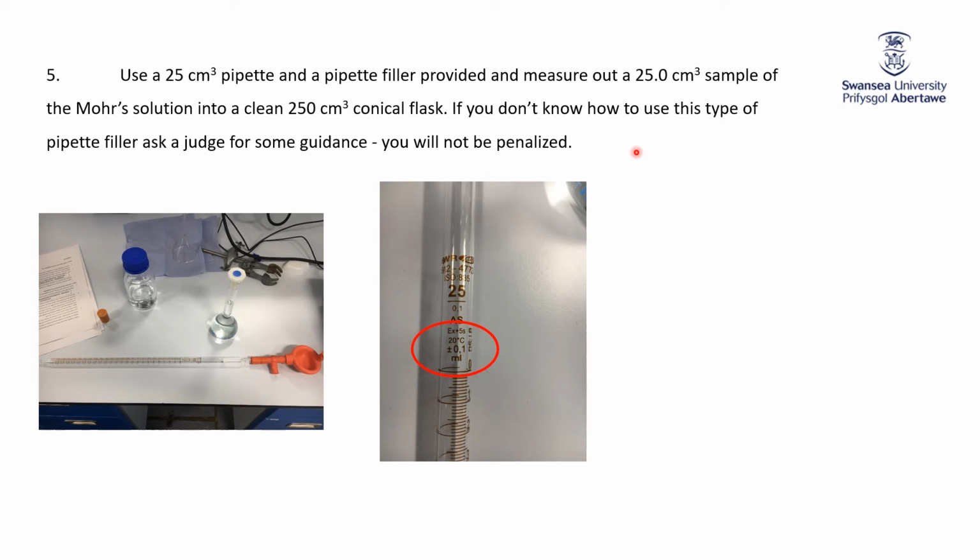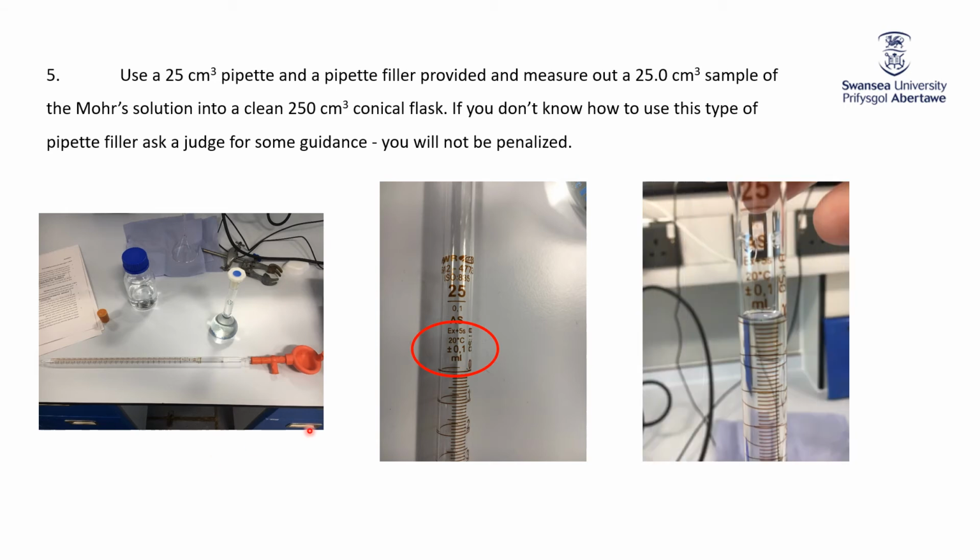And then an important little note that you'll see on a lot of precise glassware is how precise is the glassware itself. Well, and we'll come back to this later on, the pipette is plus or minus 0.1 cubic centimeters. So anyway, I use this to suck up enough of my Mohr's solution, and there it is there. You can see the meniscus just touching the very, very right mark at the top of the pipette.